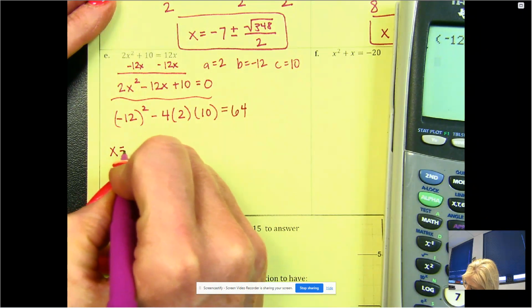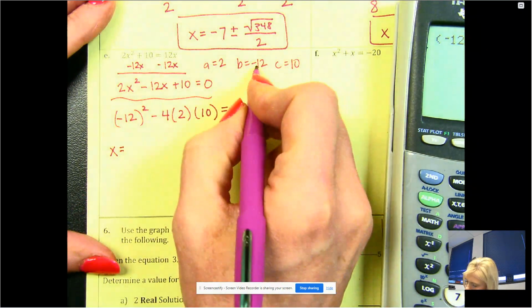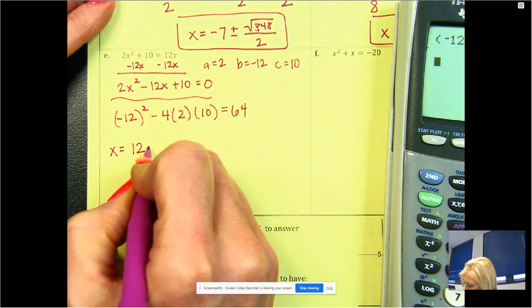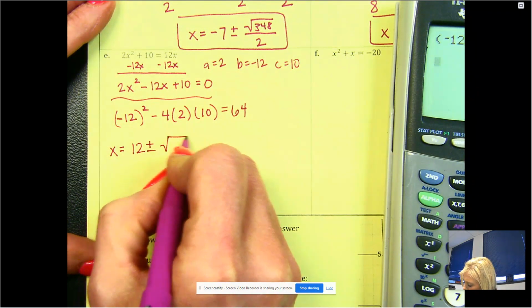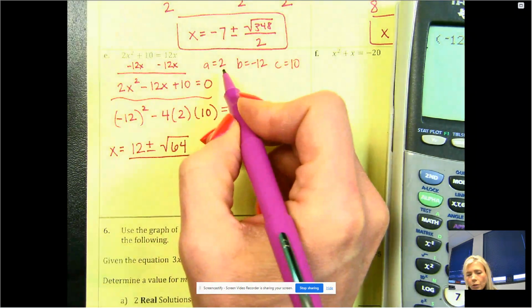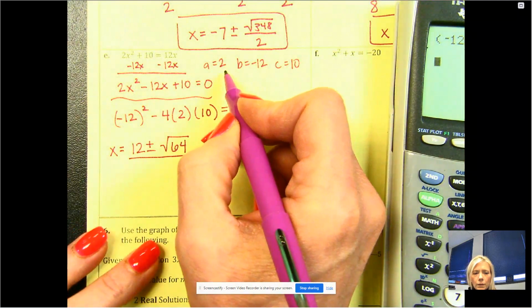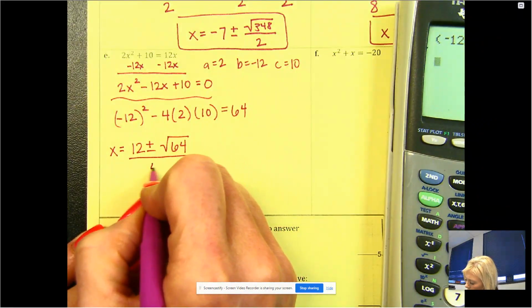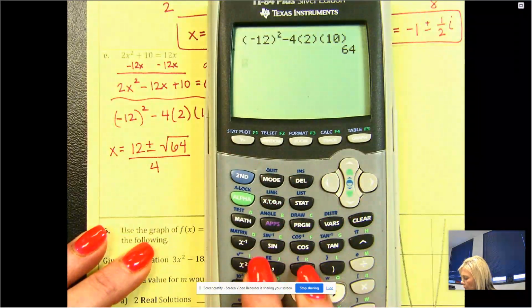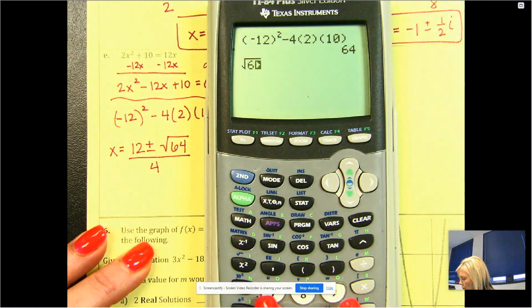So x equals negative b. So negative 12 is positive 12 plus or minus the square root of 64 over 2a. 2 times 2 is 4. Okay, now I do know the square root of 64 is 8.